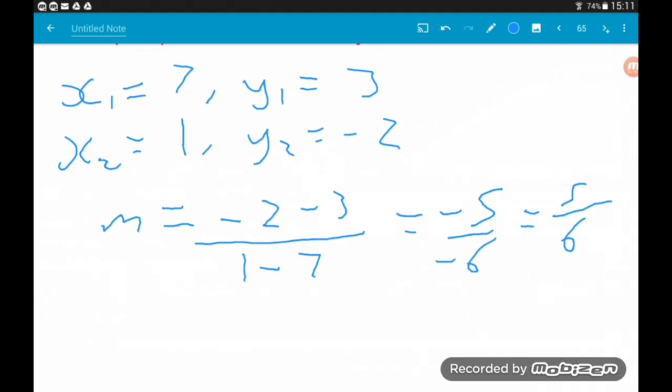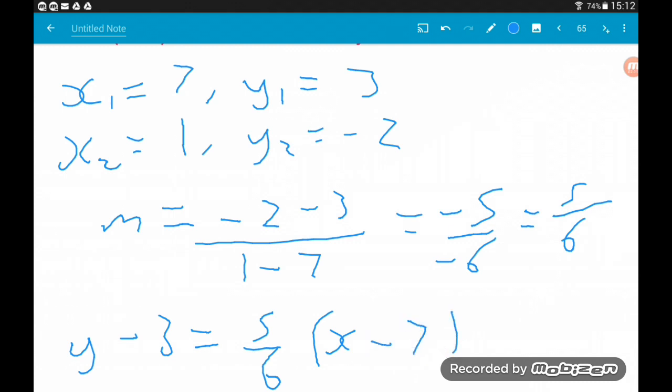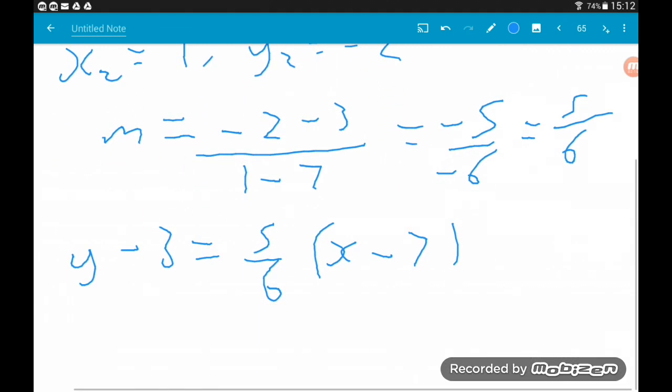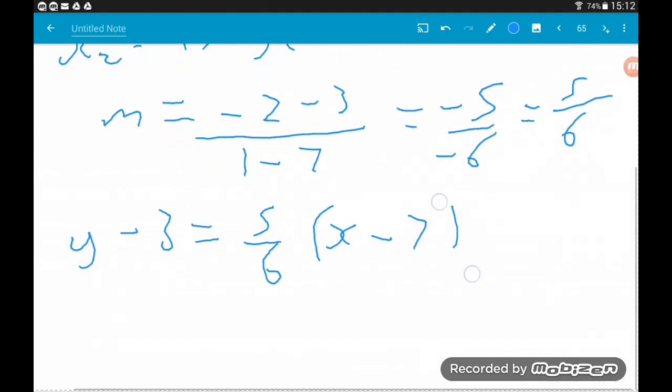So we can now say that y minus 3, so y minus y1, y minus 3 is 5/6 times x minus x1, so x minus 7. Okay, so there's our equation. We just need to rearrange it.